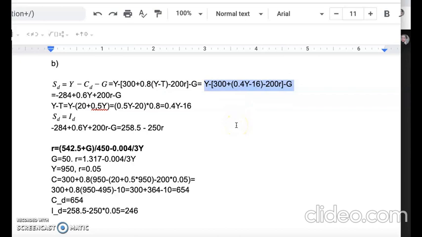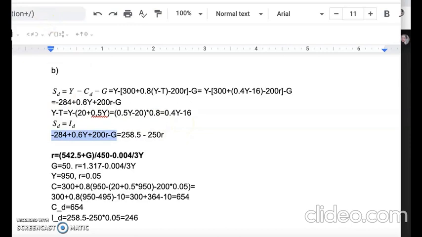Then we are using the second condition of the goods market equilibrium. Here we just use our desired savings. This is the final equation of our desired savings. It comes from this formula.